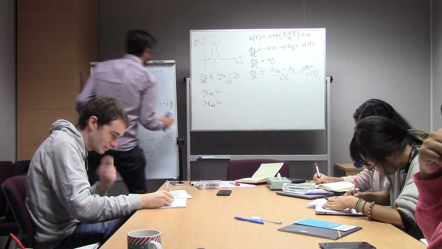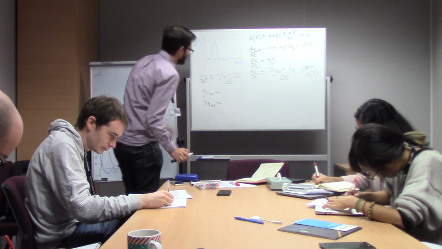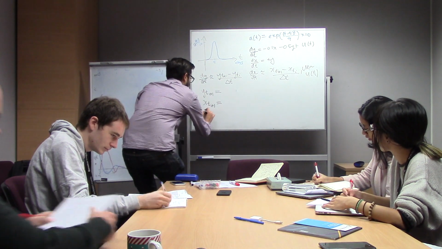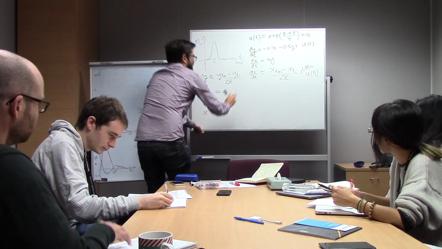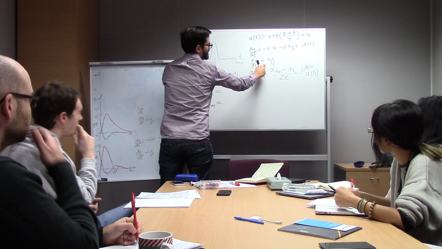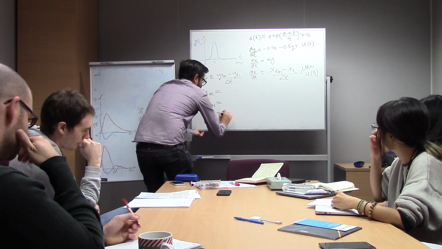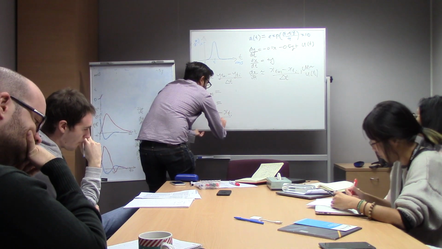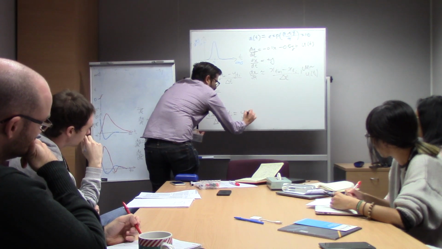Okay, let's go through x of t_i plus 1. If we replace this with this one here, x of t_i plus 1 minus x of t_i divided by delta t equals y of t_i.